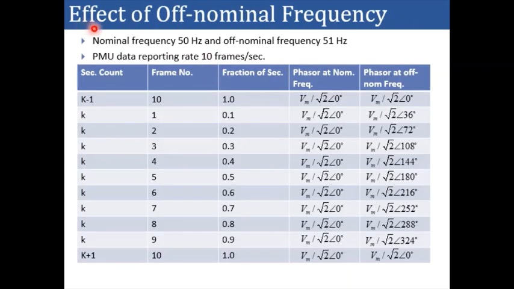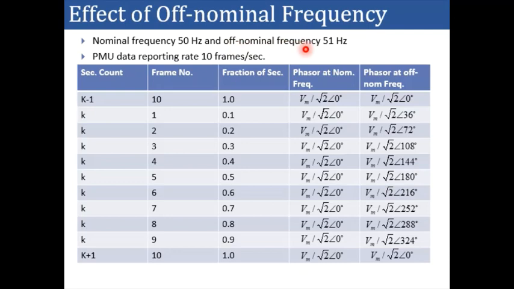Now let's talk about the effect of nominal frequency. Nominal frequency is generally 50 Hertz for India and 60 Hertz for the US. Suppose the frequency changes from 50 Hertz to 51 Hertz, so this 51 Hertz becomes off nominal frequency.